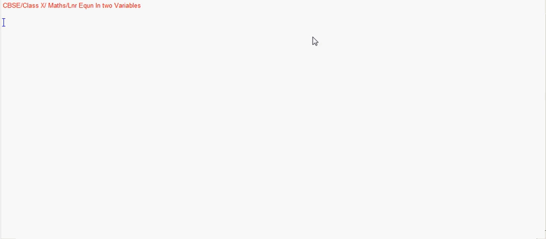First question: for what values of k does the following system of equations have a unique solution?